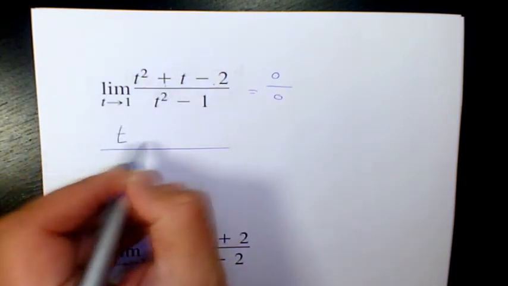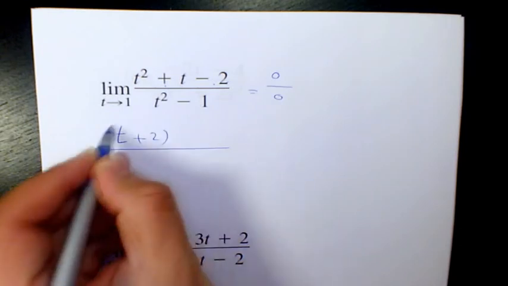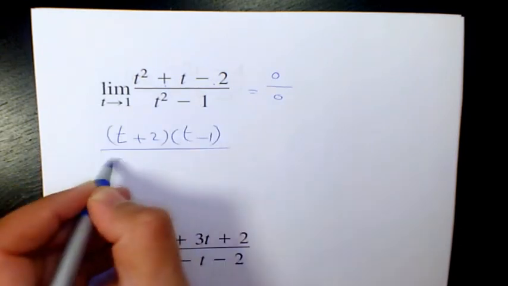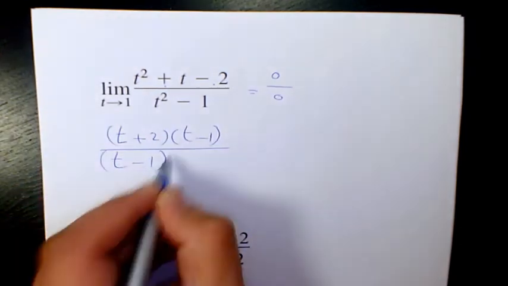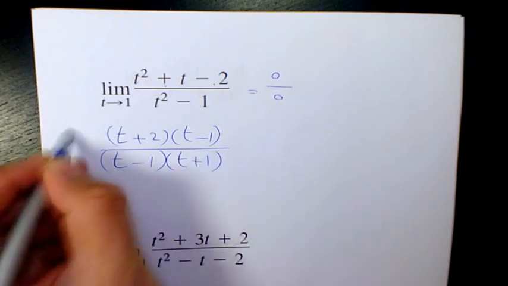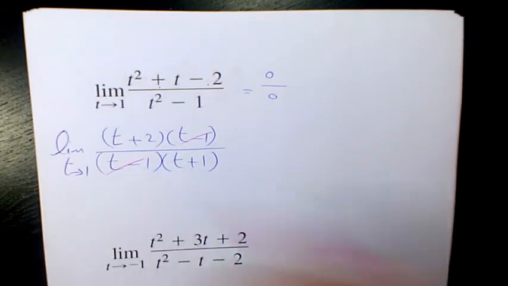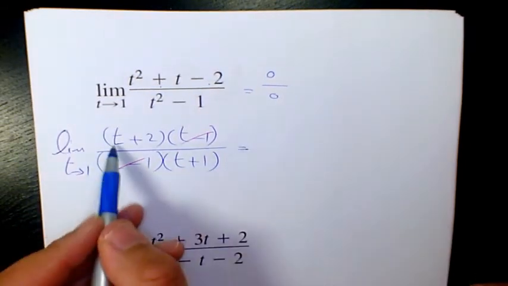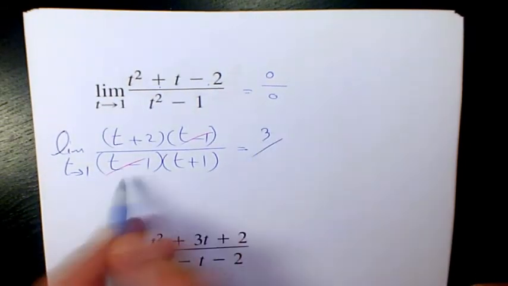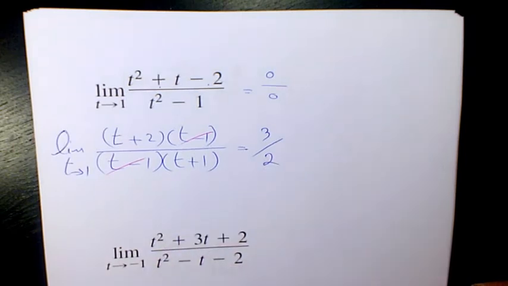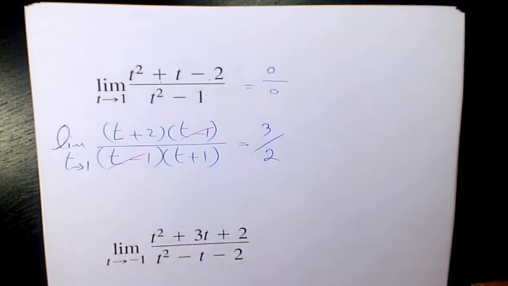It's going to be t plus 2 times t minus 1 divided by t minus 1 times t plus 1. Limit when t approaches 1. This and this cancel out. t plus 2 gives 3 over 2. So that's 3 over 2.